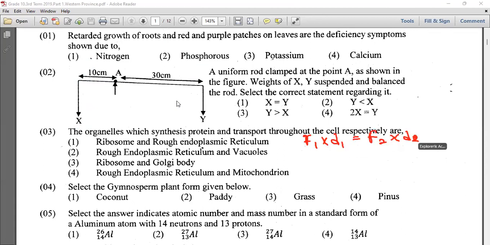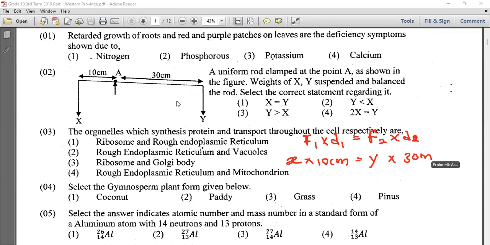This is equalizing the moments in order to balance the rod. We don't know F1, that is marked as X, and D1 is 10 centimeters. We don't know F2, that is marked as Y, and D2 is 30 centimeters.